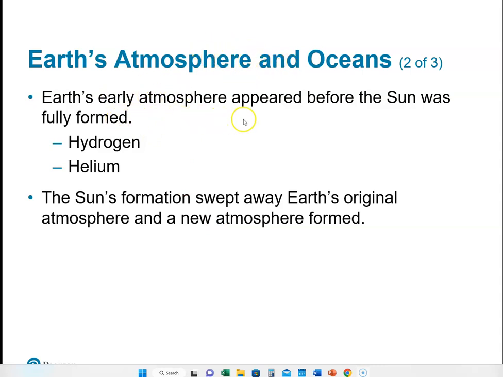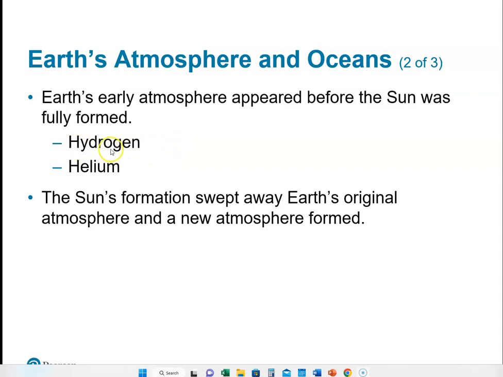So the Earth, we think, had a very primitive atmosphere right after it was formed, and actually during the formation of the Earth. So this would have been, if you refer to the last chapter, the Hadean period, right? This was also known as the late heavy bombardment, where lots of asteroids and comets and meteors were hitting the Earth.